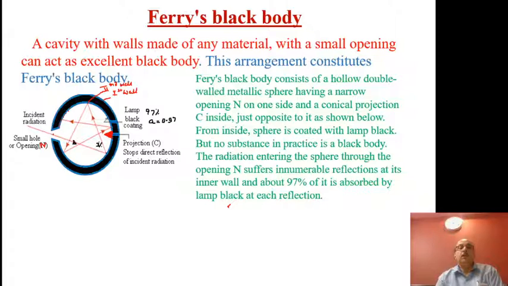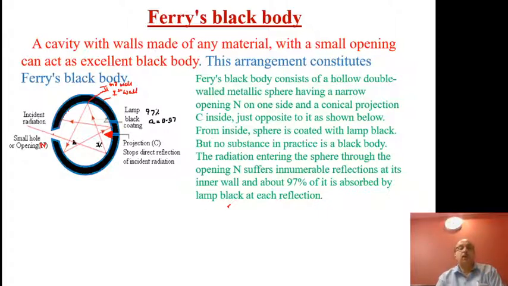And after the reflection, it will fall on the other side of the wall, which will also absorb the radiation. So the reflected radiation becomes smaller and smaller in amount, and it will always remain trapped inside the hollow double-walled metallic sphere.